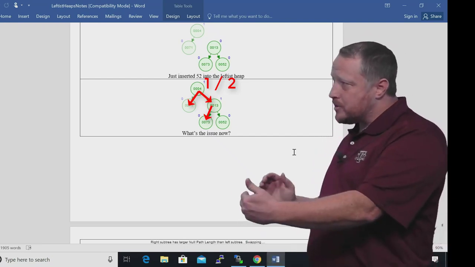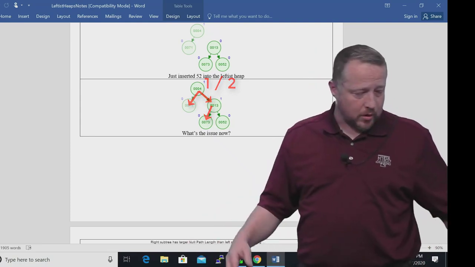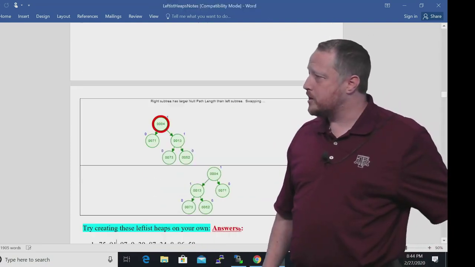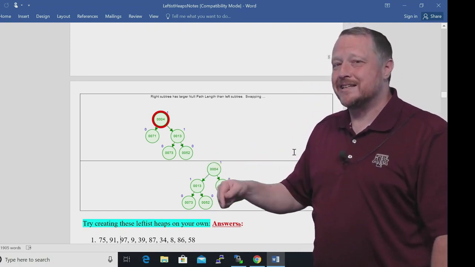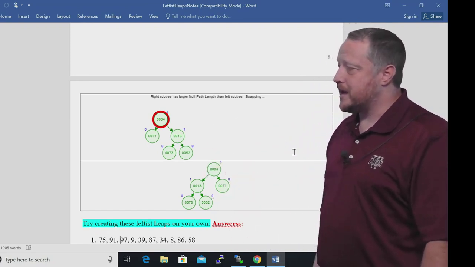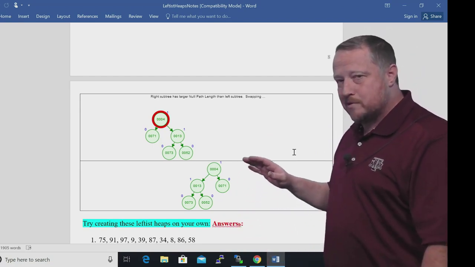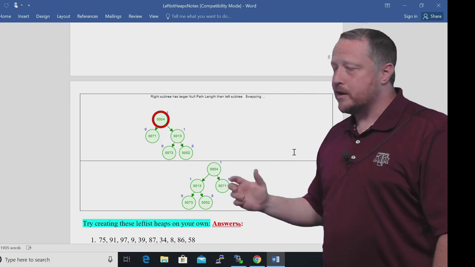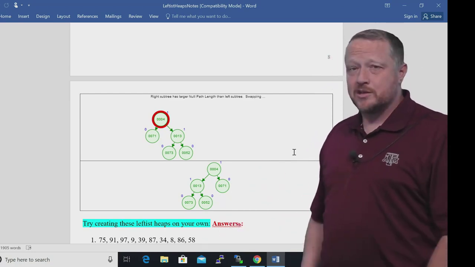So again, we're going to do that swap in order to make it NPL compliant. So we're going to identify the number 4 is the issue and go ahead and swap its kids. Not it, but its kids. And then again, you'll see the final result at the very end. So again, it may look like it's been pushed to the left, but in reality, it's actually being swapped. The kids are being swapped. Very consistent in the entire algorithm.